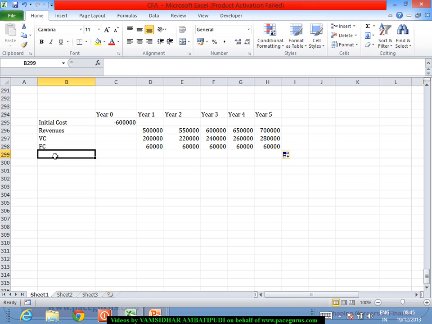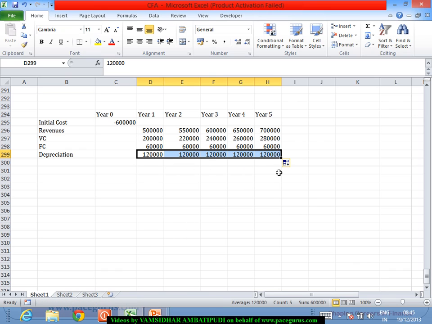Right? And now comes the depreciation part. With that existing scenario, we are depreciating the asset fully. So the 600,000 I am depreciating fully over a 5-year period using straight line depreciation.